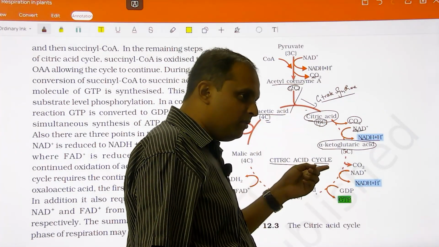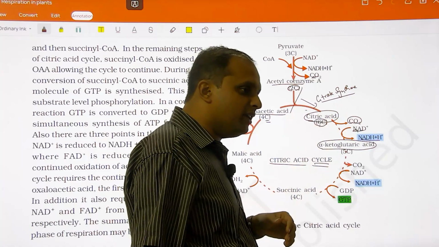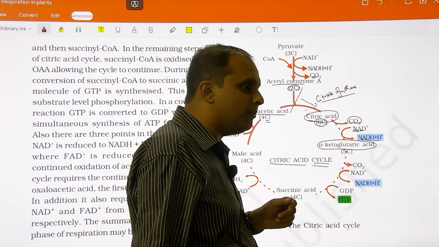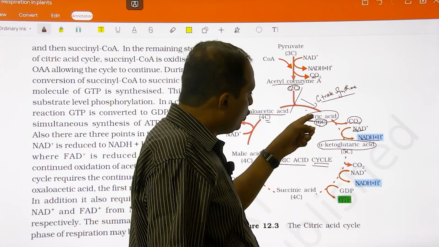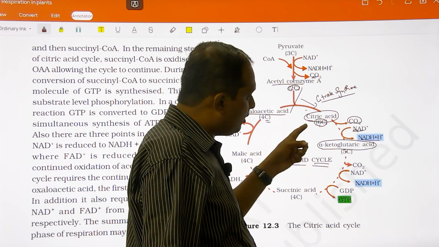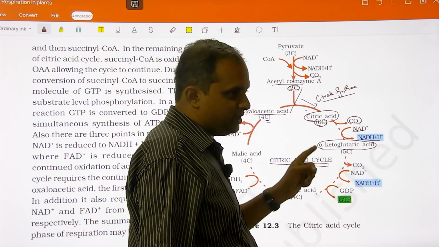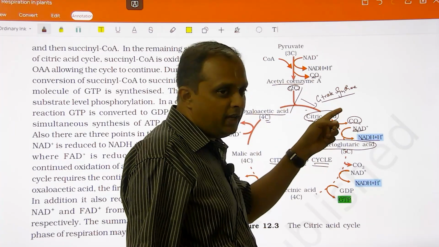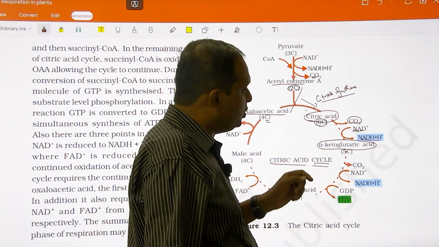It is also leaving its CO2. What is the chemical term? Decarboxylation. So your citric acid is oxidatively decarboxylated to alpha ketoglutaric acid, and the electron is accepted by NAD+ and in turn it gets reduced to NADH.